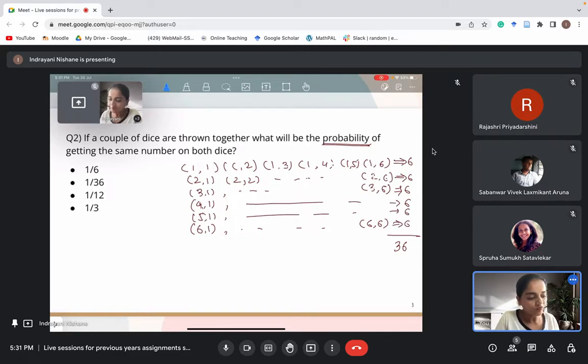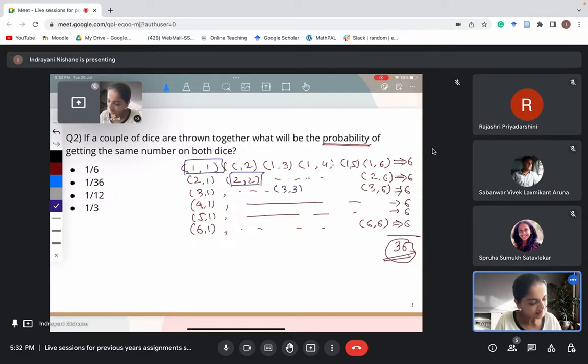So simple formula for probability is: the desirable outcomes divided by our sample space. So our sample space consists of 36 cases, and let's see what our desirable outcomes are. So we are supposed to find the probability of getting same number on both the dice. That means both the numbers should be same. Just like here, 1 1, 2 2. Similarly, we will have 3 3.